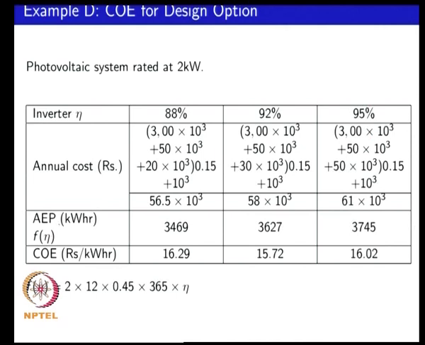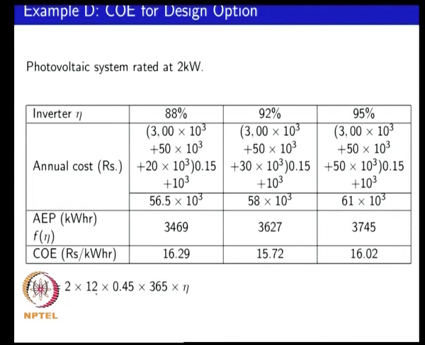And then you could also calculate what is the annual energy production from these three units. We will assume that the panels from these three units are identical. What is different is just the inverter. For the energy production, 2 kilowatts is the rating of the unit.